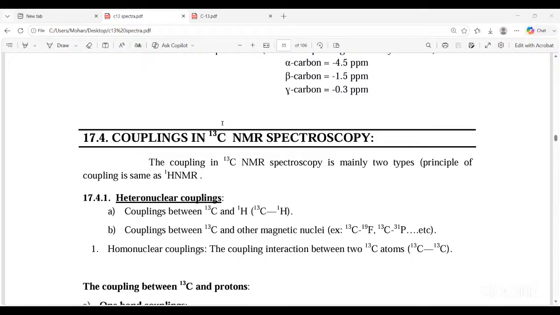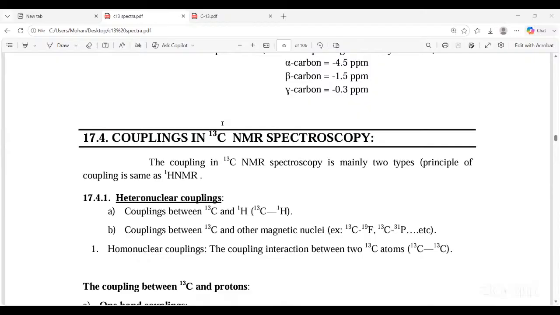The factors listed are electronegativity, hydrogen bonding, steric factor, solvent effect, and hybridization. All these affect the chemical shift values.